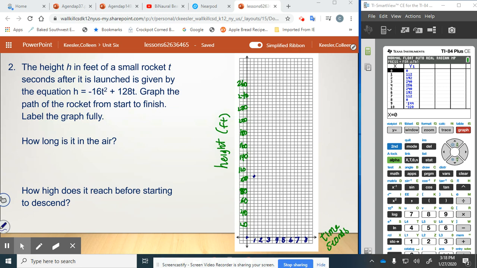Okay, then 2 and 192. Well, if that's 180, 190 would be between 180 and 200, so about here. Then 3 and 240.